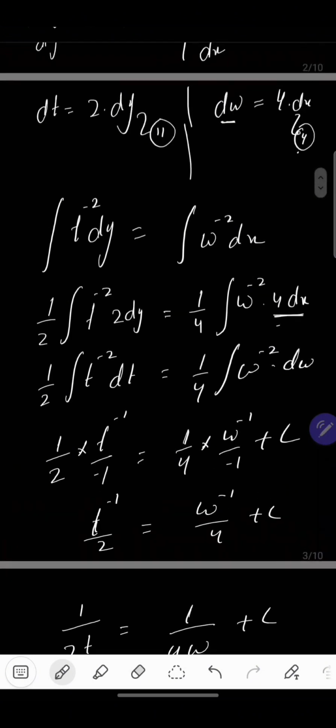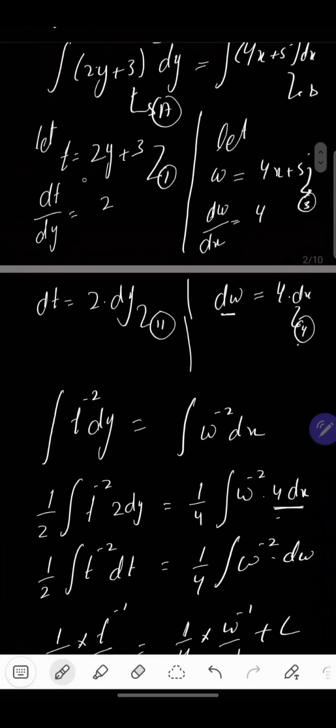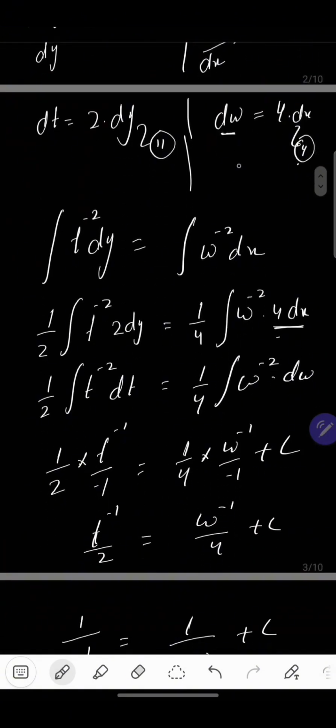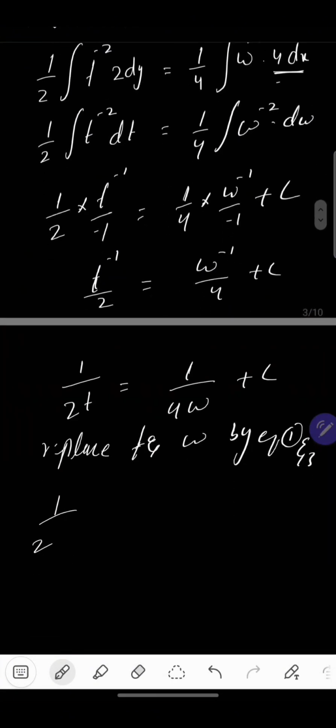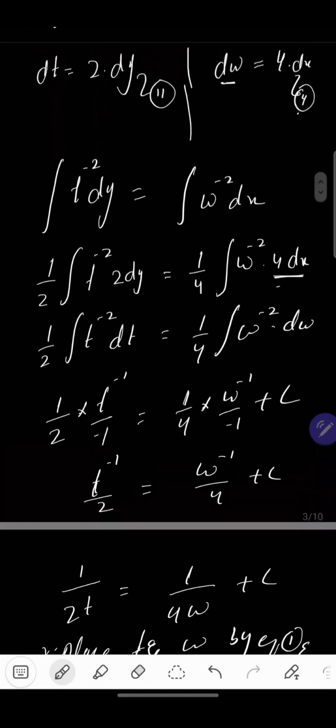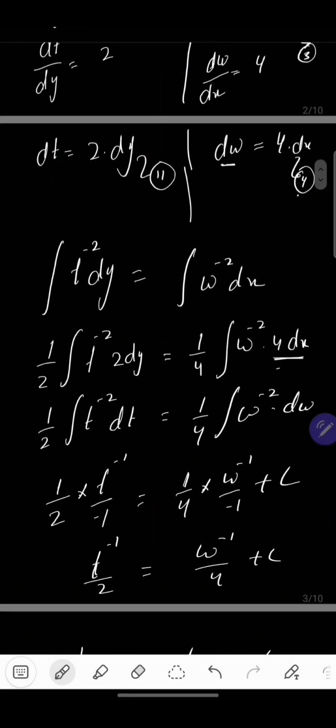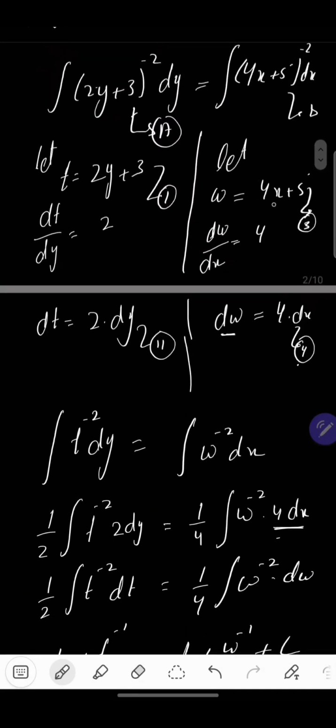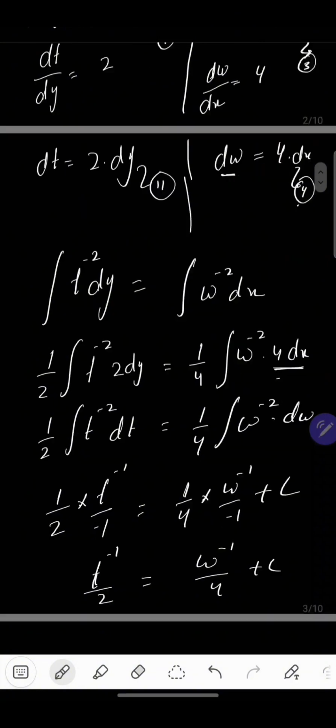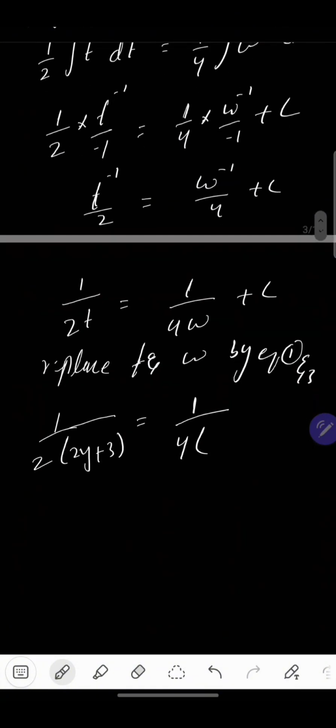In equation 1 we supposed t is equal to 2y plus 3, so we rewrite the value of t: 2 times (2y plus 3) is equal to 1 divided by 4, and we replace w by equation 3, which is w equal to 4x plus 5, so 4 times (4x plus 5) plus c.